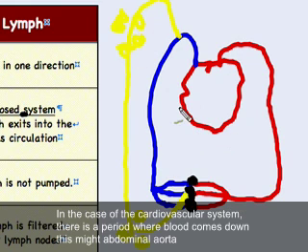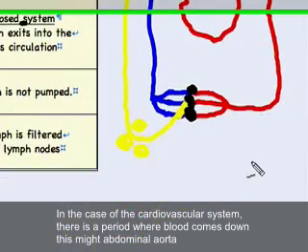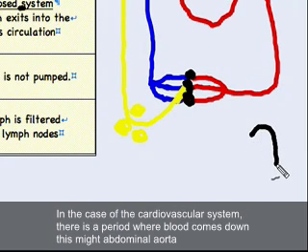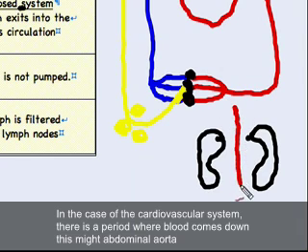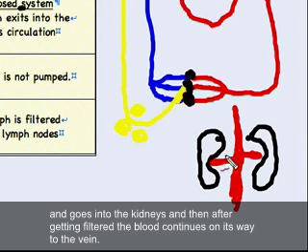In the case of the cardiovascular system, blood comes down this mighty abdominal aorta, goes into the kidneys, and then, after getting filtered, the blood continues on its way through a vein.